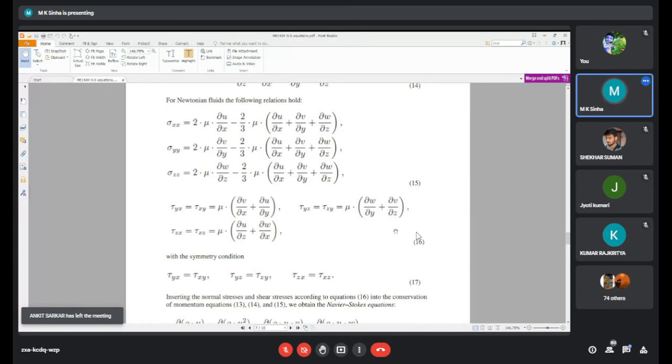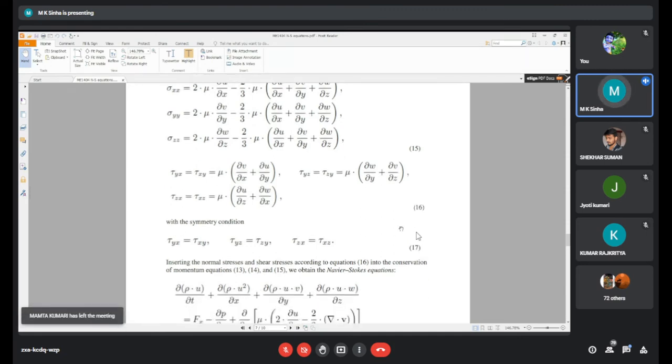Navier-Stokes equations. All of you might be aware that solving the generalized Navier-Stokes equations is very, very difficult. That's why we are imposing so many conditions, and we can get many solutions of the Navier-Stokes equations.